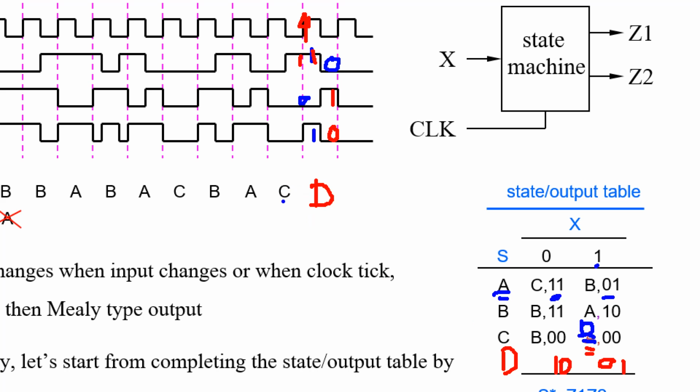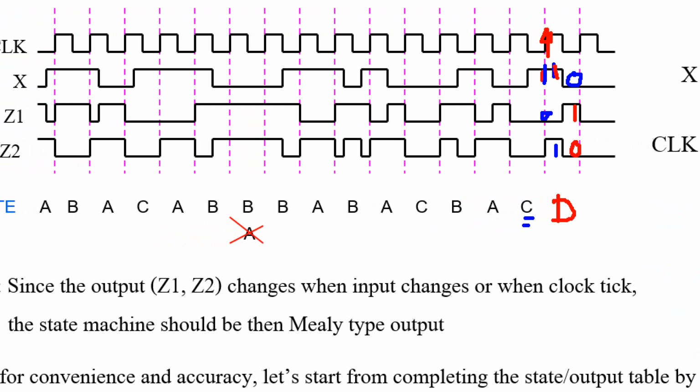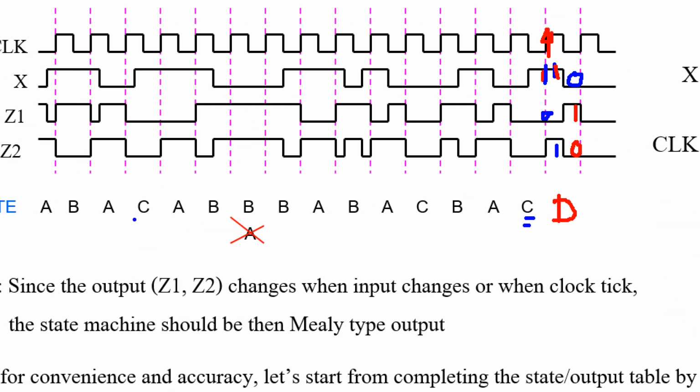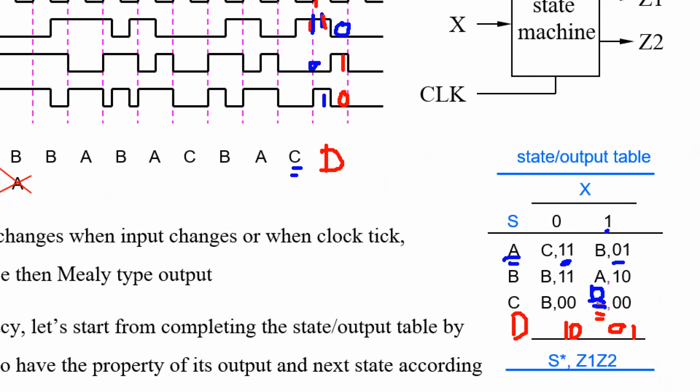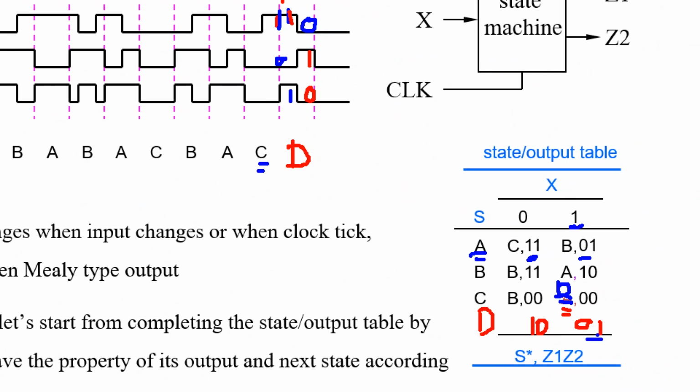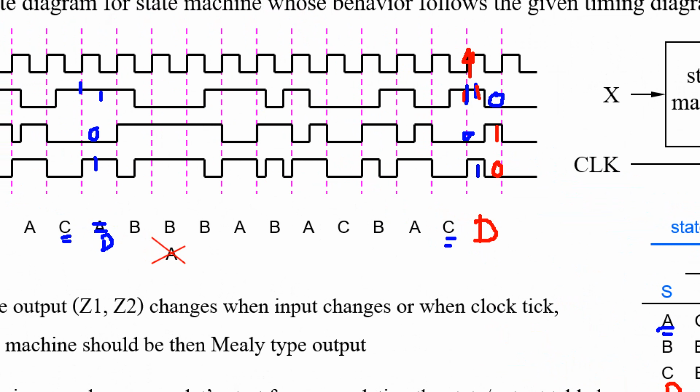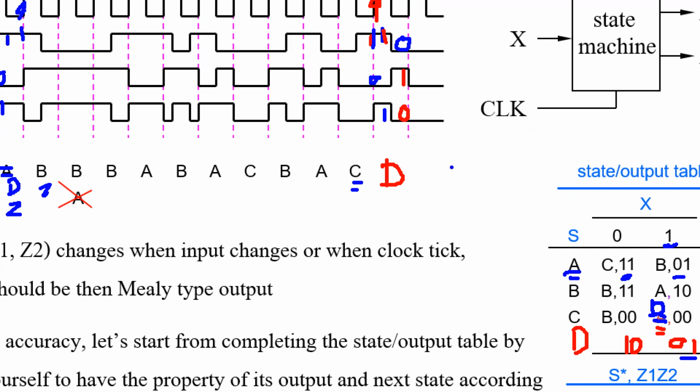So when input is 1, change to state D from the previous one, C. State D means when x is 1, output is 0, 1. So at state D, when clock tick, input is 1, change to B. So you can write B at here.